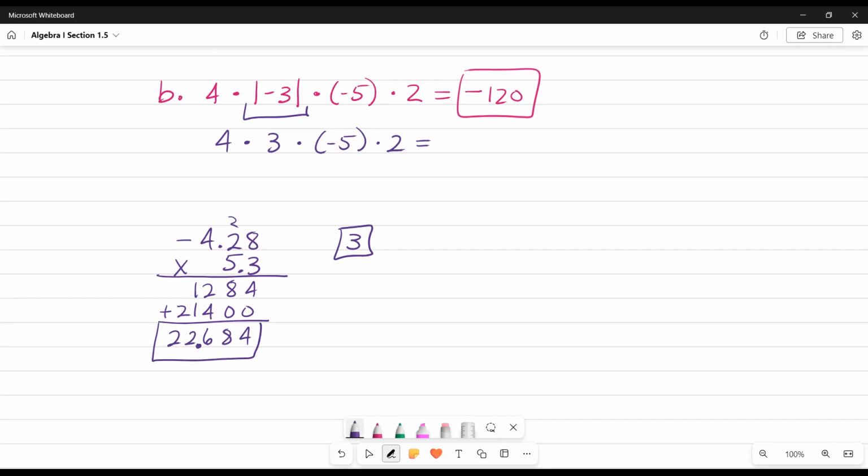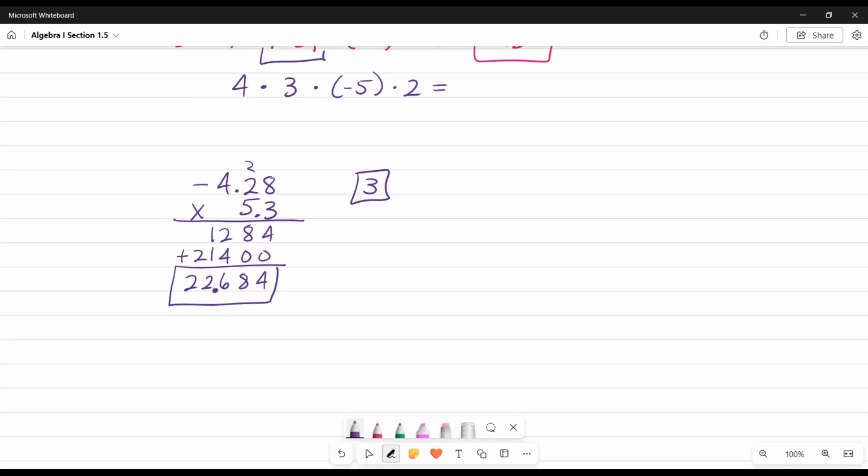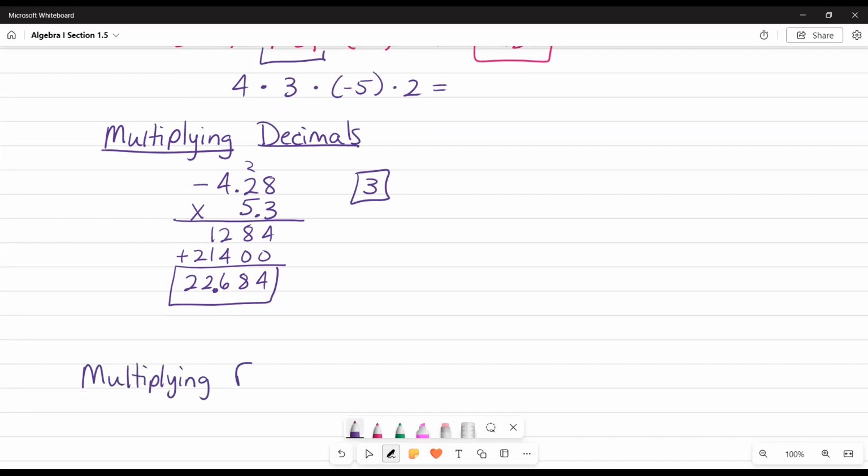Good deal. All right, let's do it with fractions. So again, let's look at multiplying. Put a little title on here, so you can find it maybe in your notes. Multiplying decimals. Oh, sorry, that was negative, wasn't it?